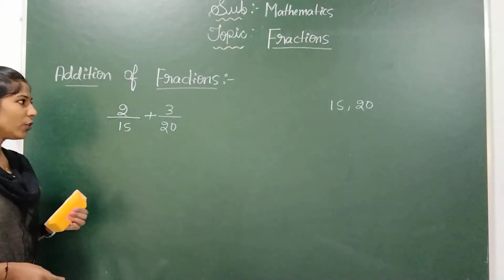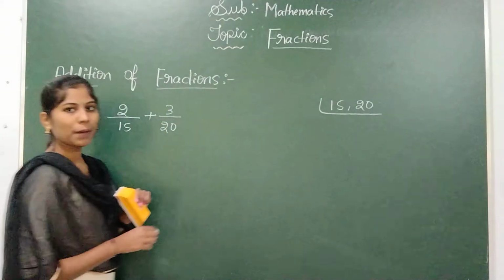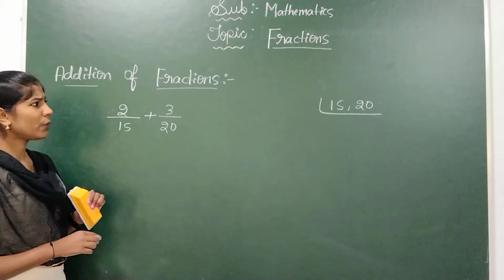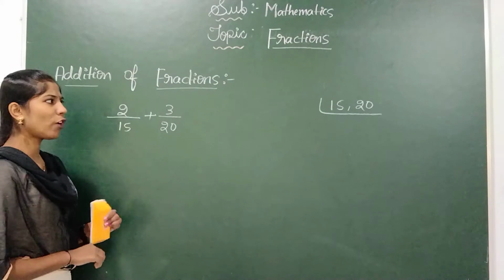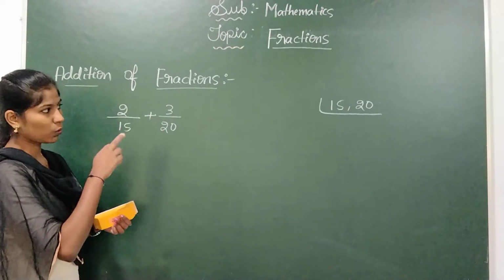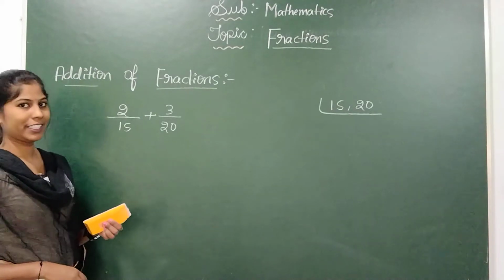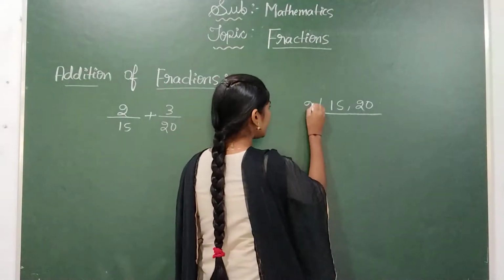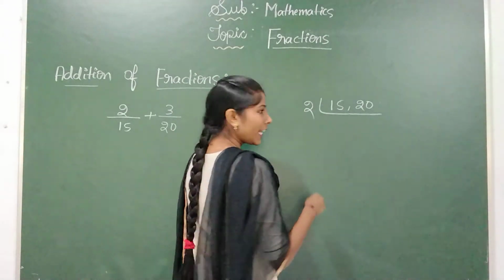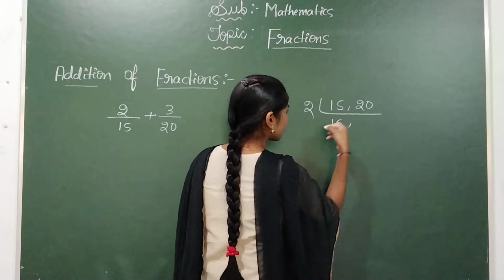Which is the smallest prime number that can divide these numbers? 2 can divide 20 very easily. It does not divide 15, so write 15 as it is.